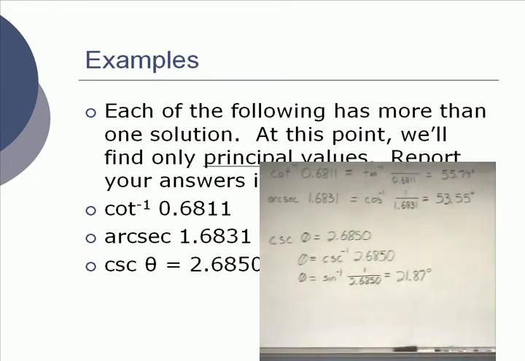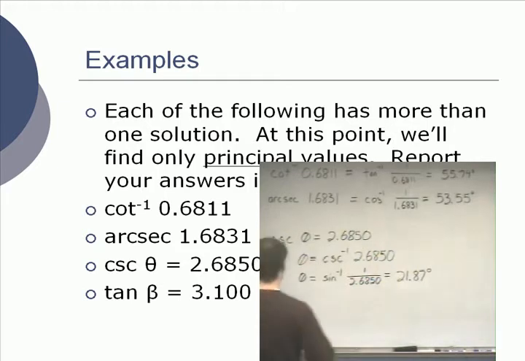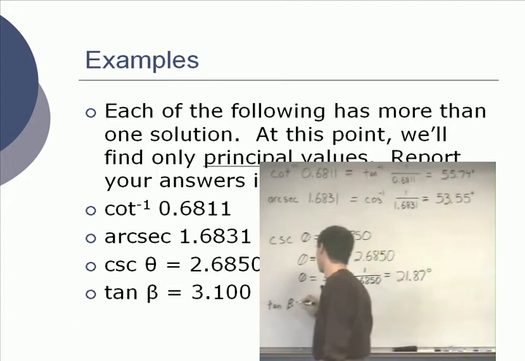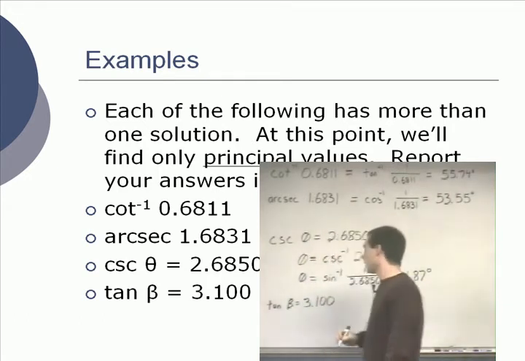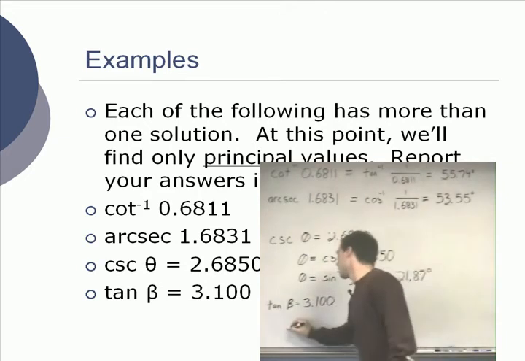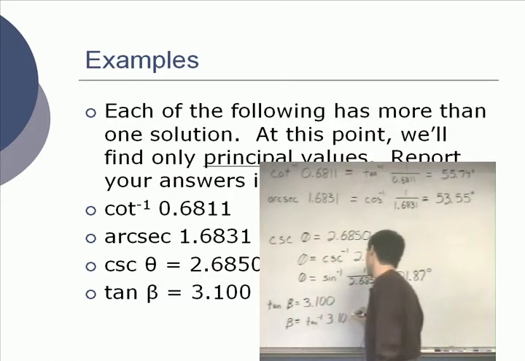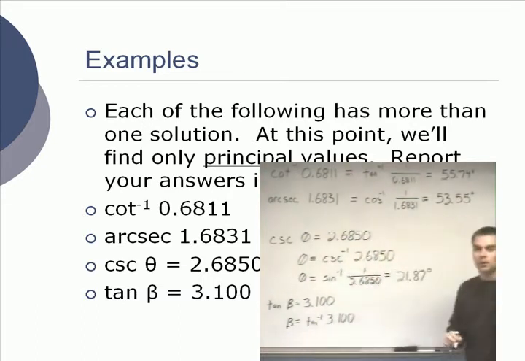Okay, one more. Tangent of beta is 3.100. Well, then what's beta equal to? Inverse tangent of 3.100. Do you have any switching you need to do here?